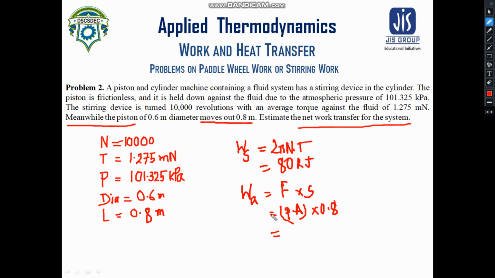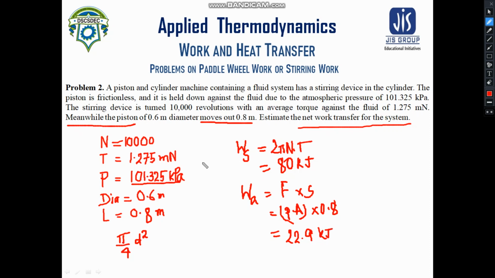So WA, the pressure is already given to you as 101.325 kilopascal. Area, you know the formula, pi by 4 d square. The diameter is given to you as 0.6 meter. So ultimately, if we calculate these values, then we will find 22.9 kilojoule.